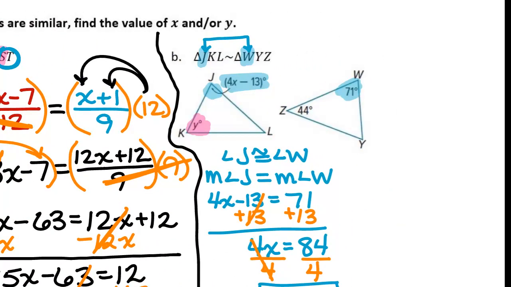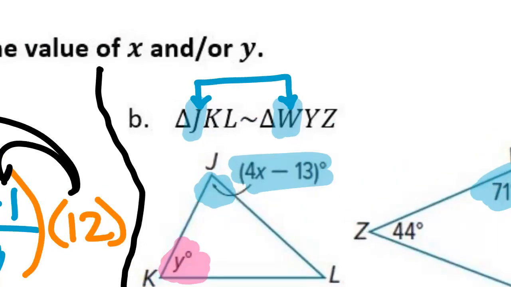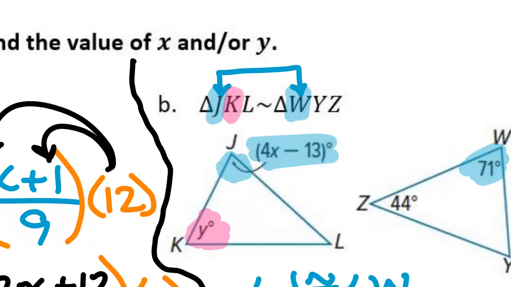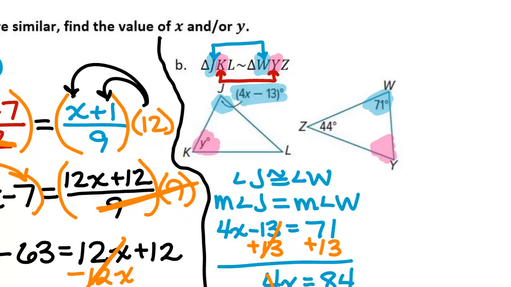All right, we still need to find y. Y is part of angle K. Angle K is right here in the middle. What would that correspond to? Y. Angle Y right here. So K and Y. I have a problem.